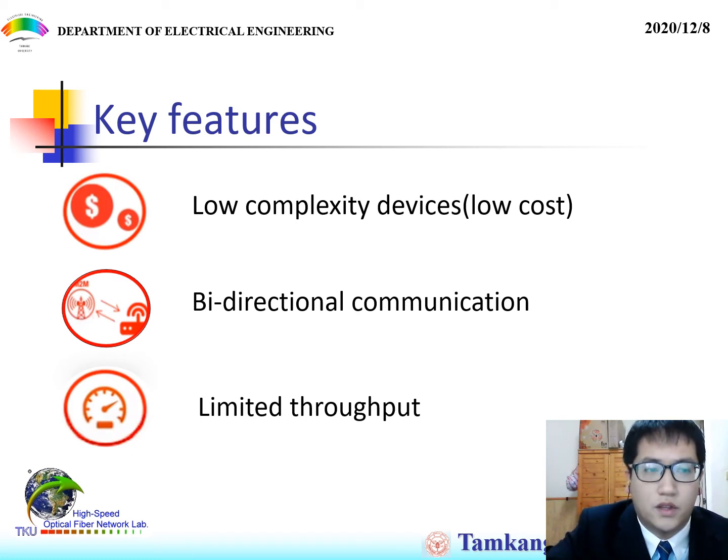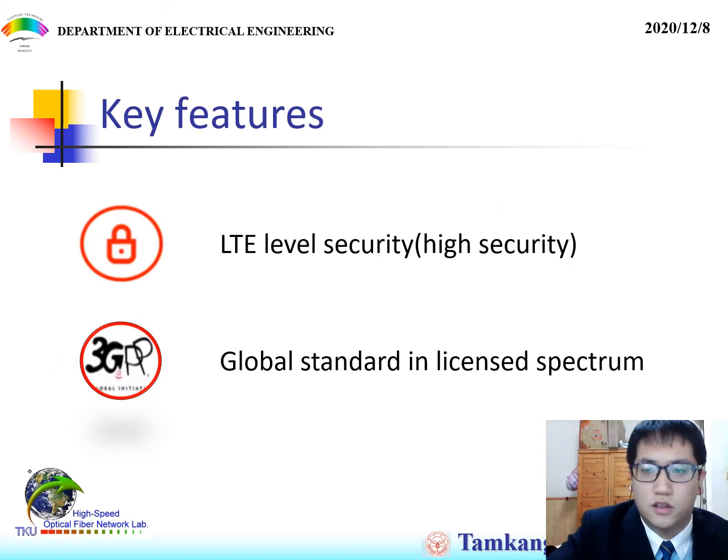Limited throughput. Usually thousands of kbps, and it is related to distance. LTE level security, also called high security. Why is it called LTE level security?